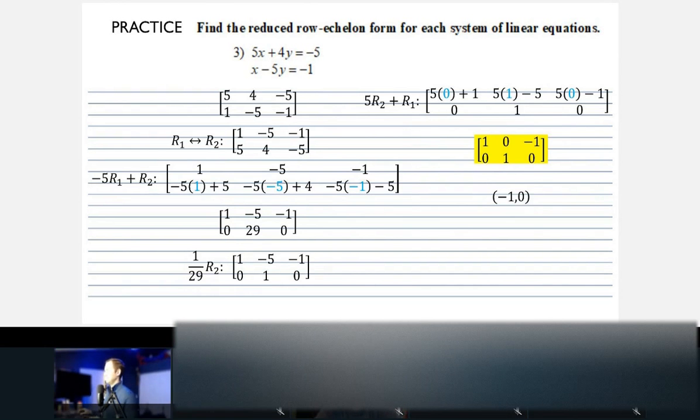So on your TGA, you're also going to have to not only show this work, but write the answer in the RREF form, like I have highlighted in yellow, because the question says find the REF for each of the systems of equations, which we did, but I'm taking it one step further and also writing the ordered pair solution. So, how can I check to see if negative 1 comma 0 is correct?